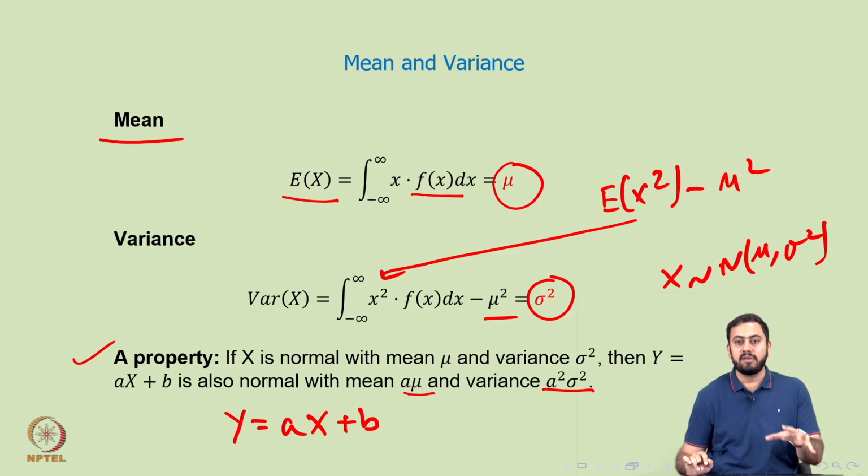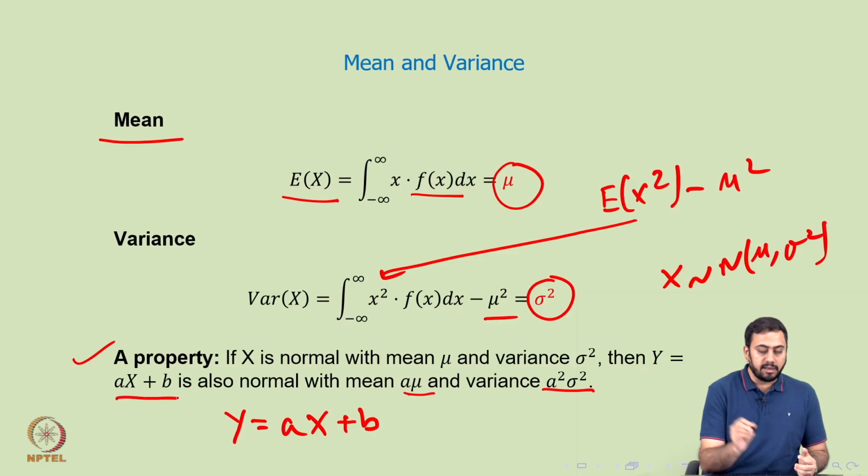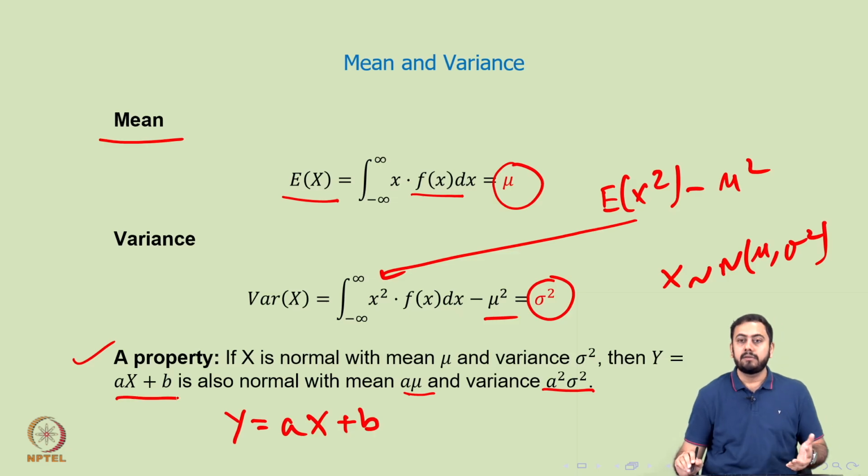So if x is a normal variable, then any linear function, because ax plus b is a linear function, where a and b are constants, is also normally distributed, but the mean and variance change according to these ideas. So the mean would become a mu and the variance becomes a square into sigma square.